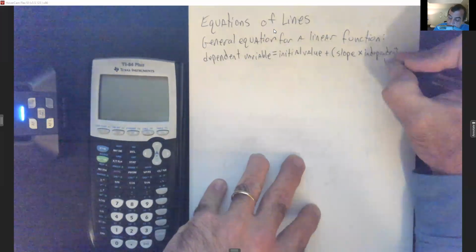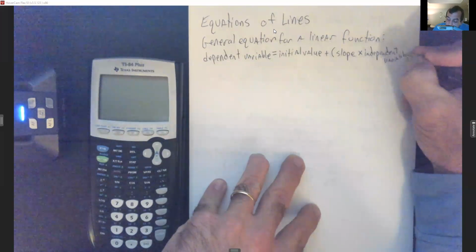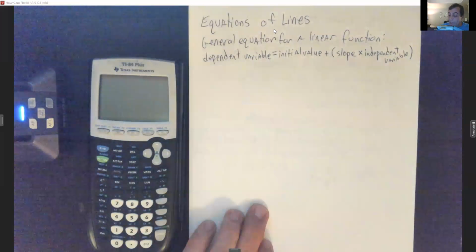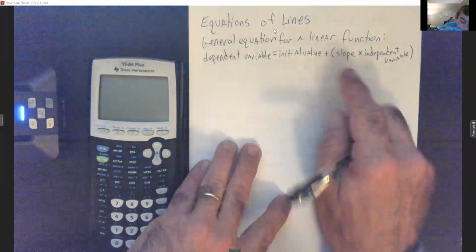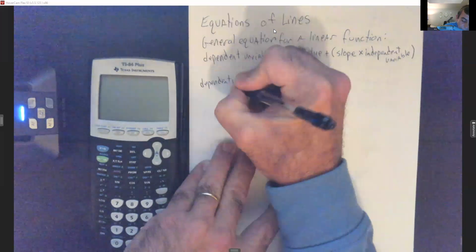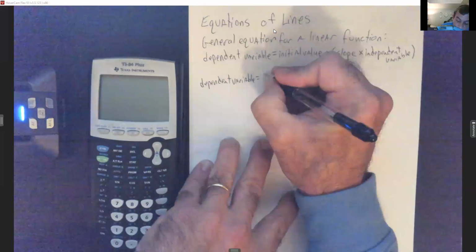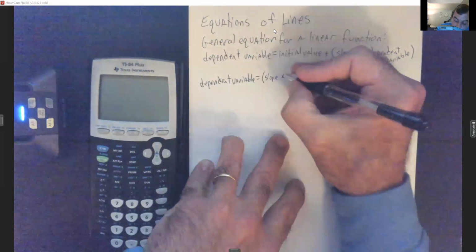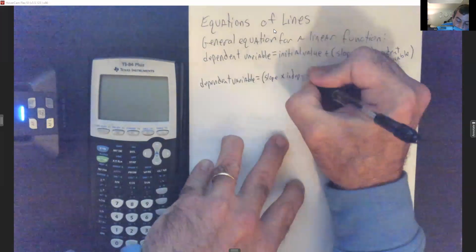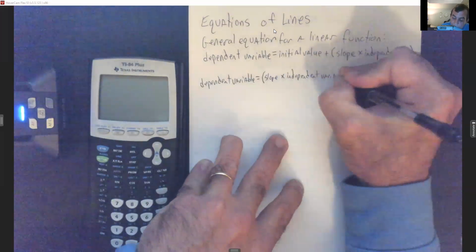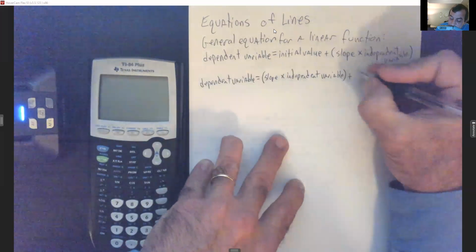Now we can rearrange this so that we get dependent variable equals my slope times my independent variable plus my initial value.